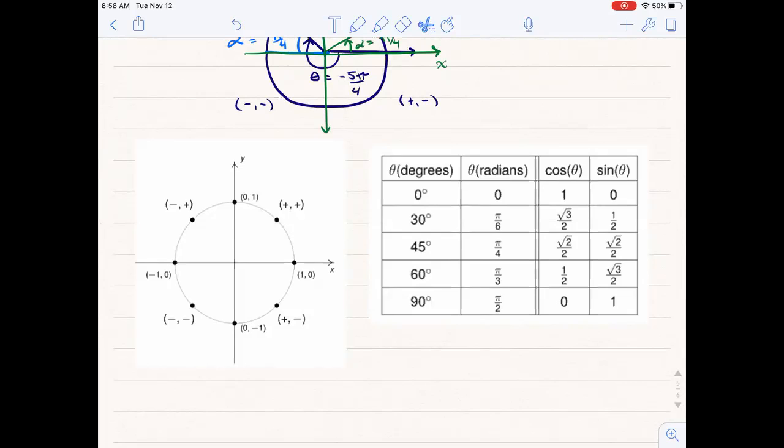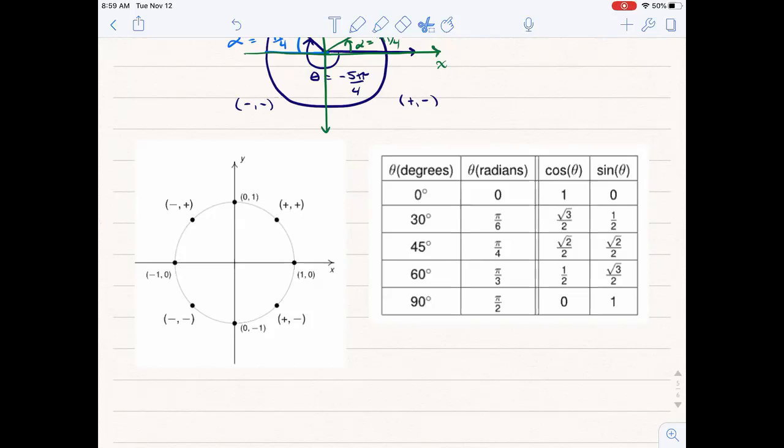And so if we've got our reference angle, right? So here's our reference angle now of pi over 4. Then it says that cos theta has to be root 2 over 2, right? Whether that's positive or negative, right? So cos theta is going to be your x value, right? And sine theta is going to be your y value, right?